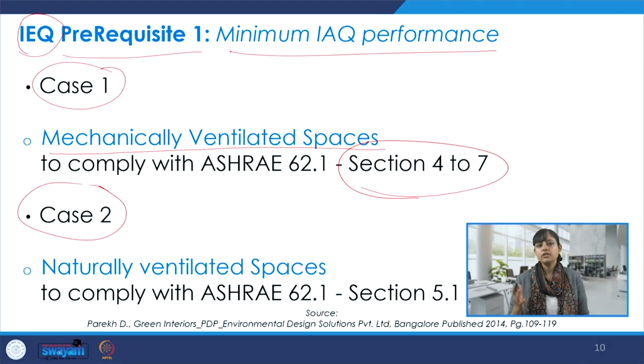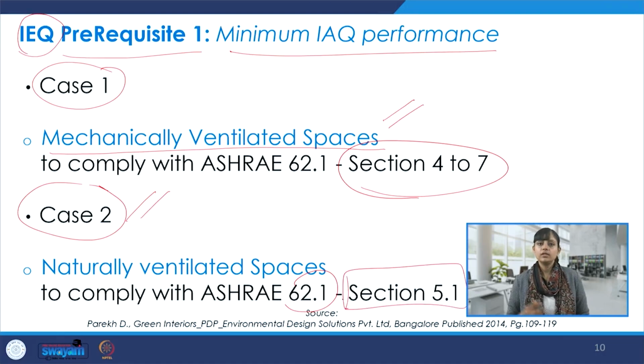So it's a very, very vast course. It's very difficult to explain each and every section and each and every case scenario and code. But broadly speaking, the aspects which are most important and crucial are what I'm just trying to discuss over here. Then there is case 2, which is for, let's say, naturally ventilated spaces, and the compliance has to be achieved with the ASHRAE 62.1 and the section 5.1.